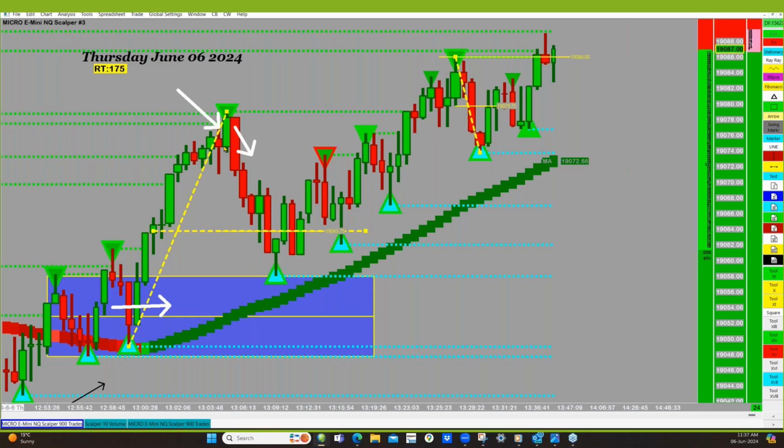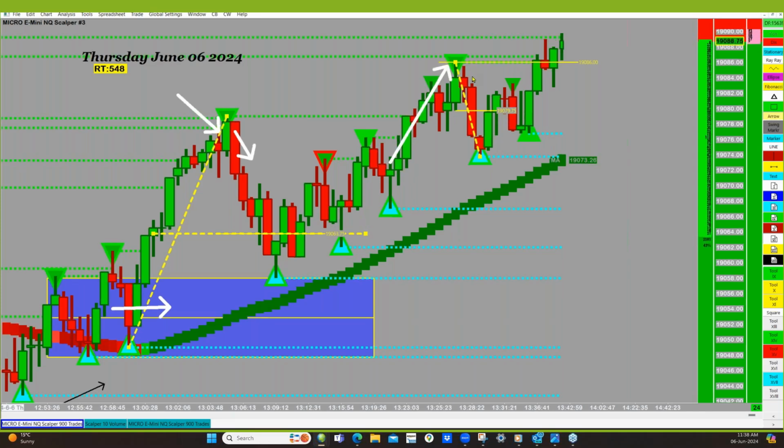Sometimes the market does not use just one candle to take out a move, a swing. Sometimes it takes 2 or 3 candles or a group of candles. So for instance, on this next one, we had exhaustion to the upside, but it took more than one candle to do that pullback.